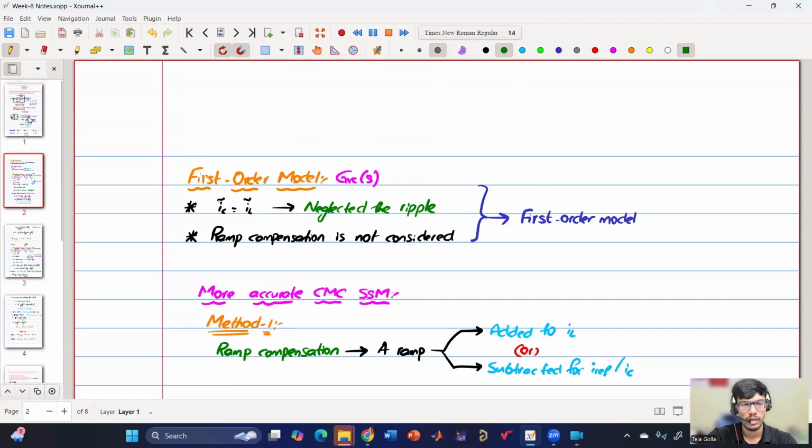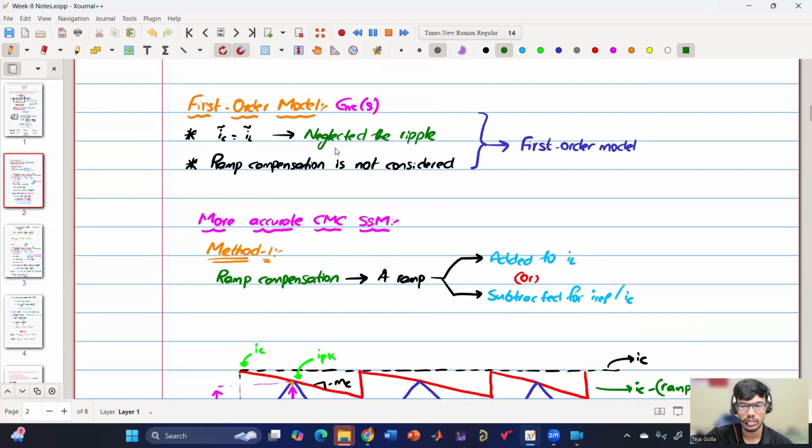Thank you. Sir has shown, using the switch simulation, that the first order model is decently capturing the dynamics, and this is simpler. So we have proceeded with this first order model to design the controller till the bandwidth of fSW by 10. Although the others are more accurate, this is more simplified and easy for us to design the controllers.